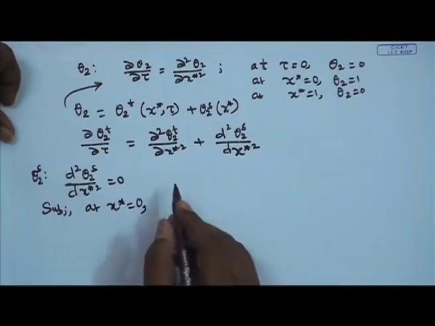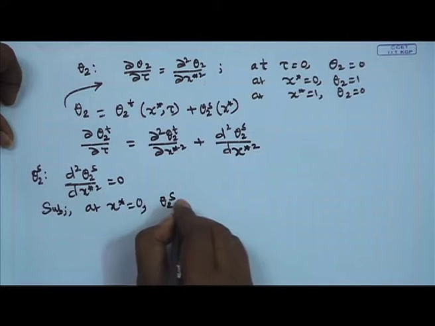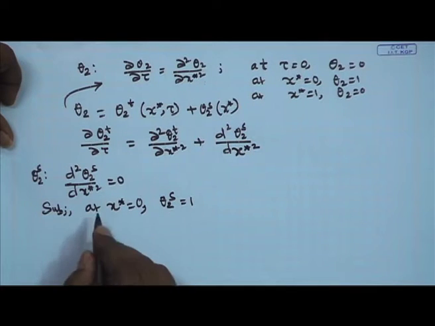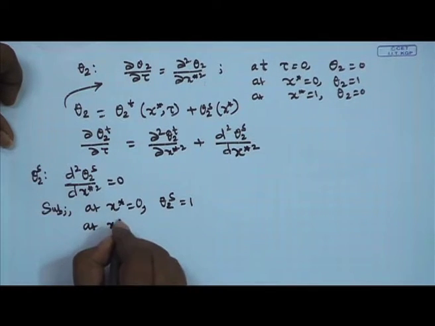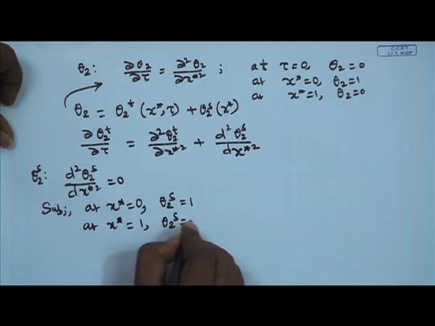So therefore I will force the transient part, the boundary condition located at x star equal to 0, to be equal to 0. So at x star is equal to 0, I write theta 2 s is equal to 1. So I associate the non-homogeneous part to this boundary condition, and at x star is equal to 1, I have theta 2 s is equal to 0.